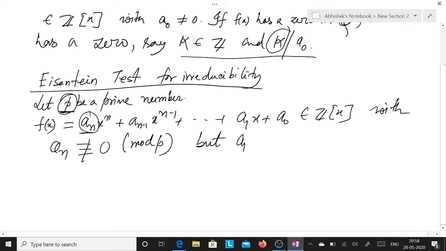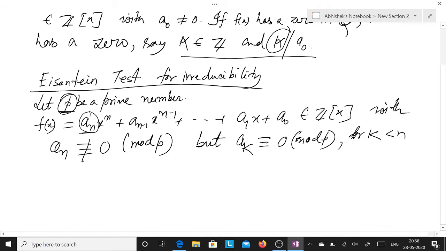That is, all other coefficients a_k are congruent to 0 modulo p. That is, p will divide all other coefficients except the leading one, a_n. So this is true for k less than n.